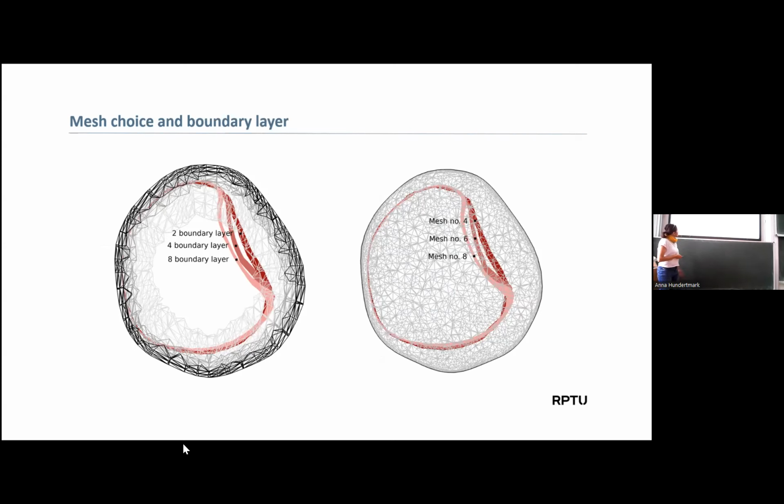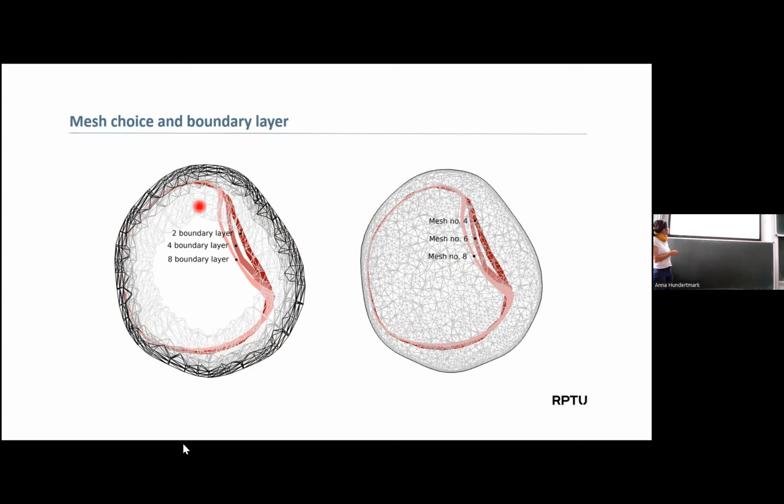Now you can observe the behavior of the solution with respect to the meshes. In the left figure, you have the same fixed mesh, I don't know how many elements, but we change the number of boundary layers. For the convergence study, we just took 2 boundary layers and refined the mesh.